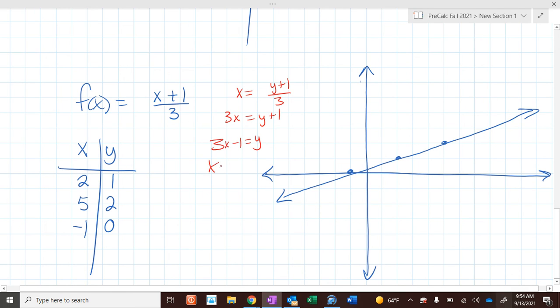Okay? If I put in a 1, what am I going to get? 2. If I put in a 2, what am I going to get? 5. If I put in a 0, what am I going to get? Notice how if you just flip around these numbers, 0, -1, 1, 2, 2, 5.